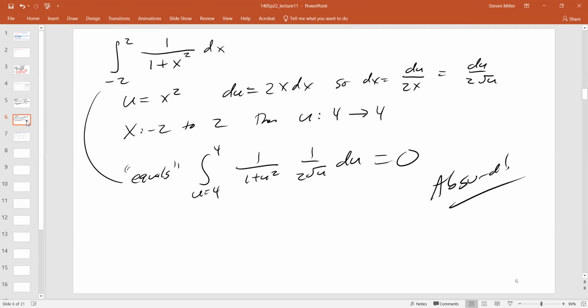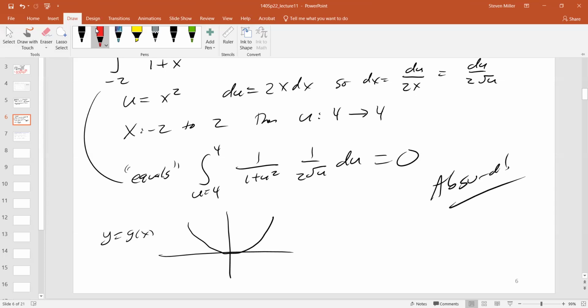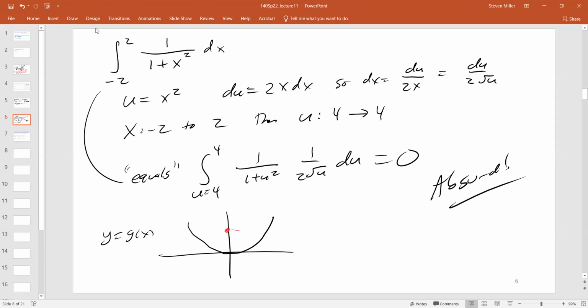So this is not a one-to-one transformation. If you look at y equals g of x, it first decreases and then it increases. If you give me a value of y, I see there are two different values of x that go with it.